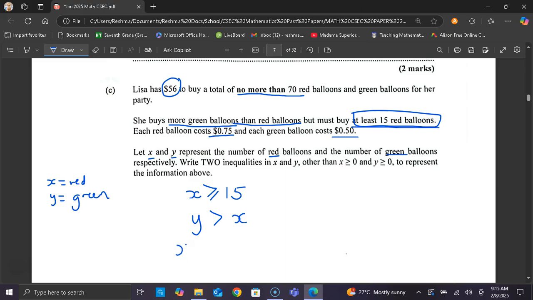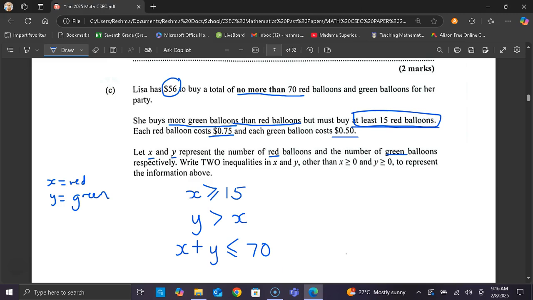So the total number of red and green balloons is no more than 70, meaning less than or equal to 70. So X plus Y is less than or equal to 70.